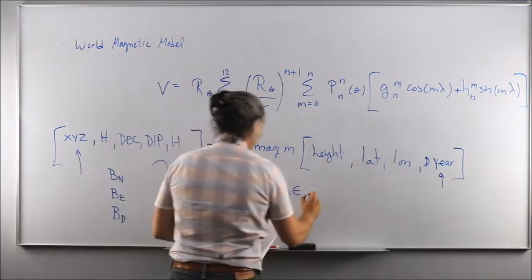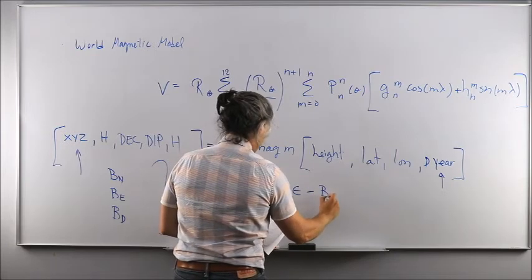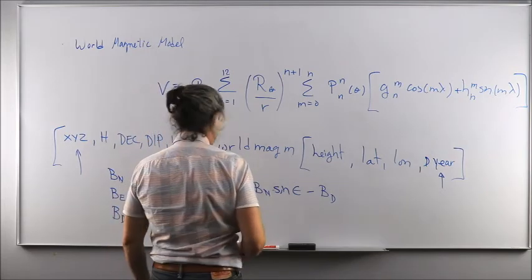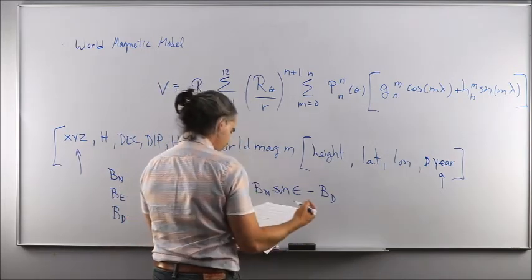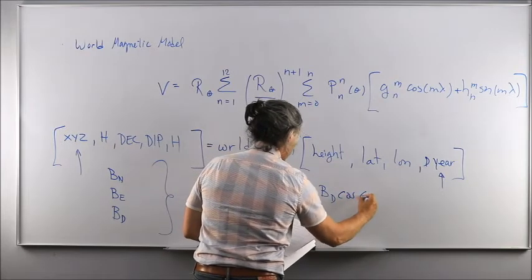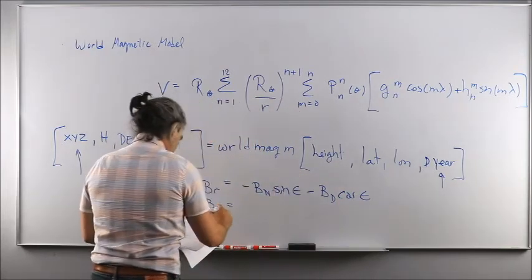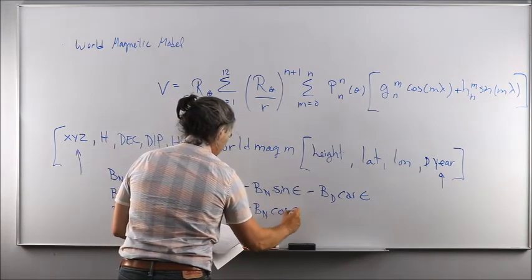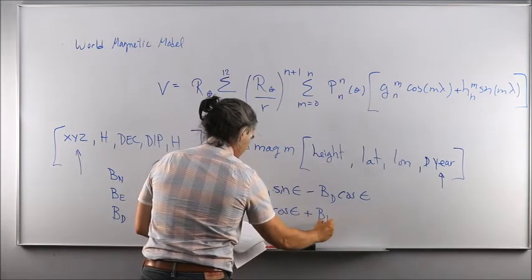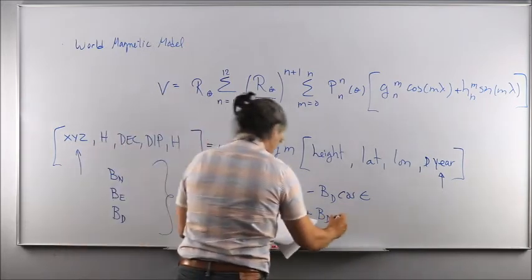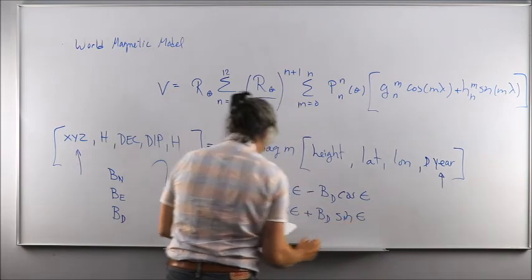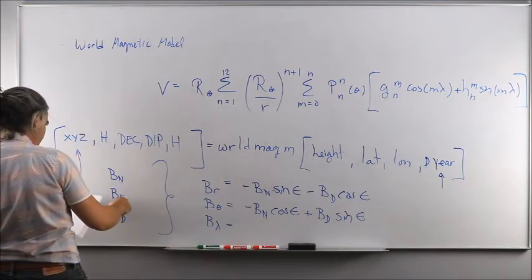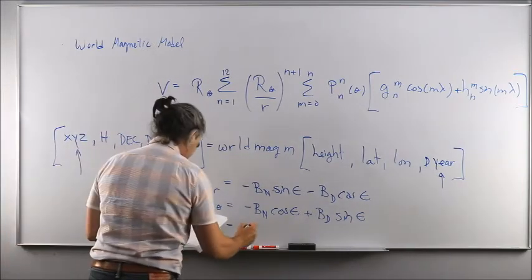Sine of epsilon minus the Z component that MATLAB is giving you, which is along the down direction of NED reference frame, cos of epsilon. B theta is going to be minus the X component provided by MATLAB, cos epsilon, plus the Z component, sine of epsilon, and finally the B lambda component is going to be the Y component provided by MATLAB here, so BE.